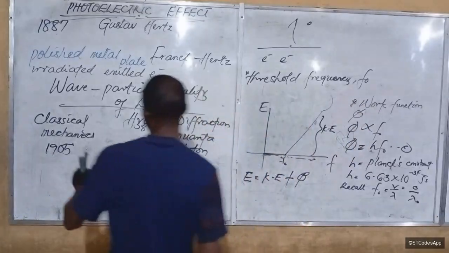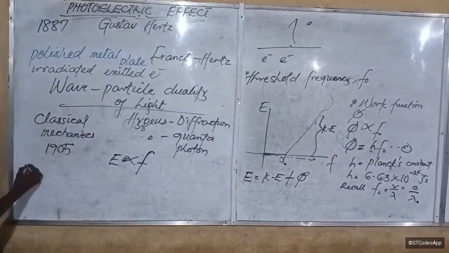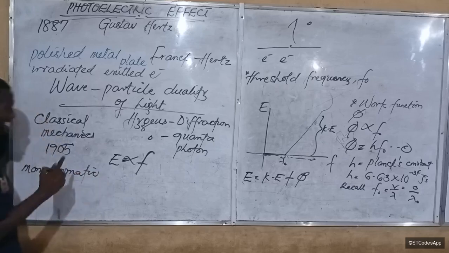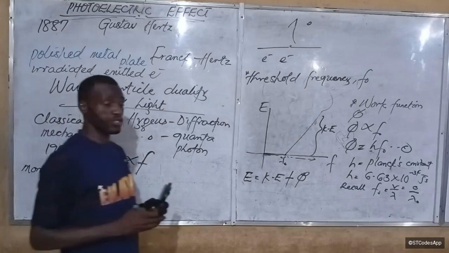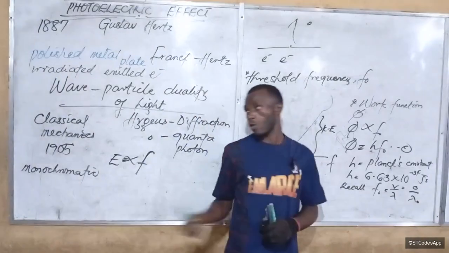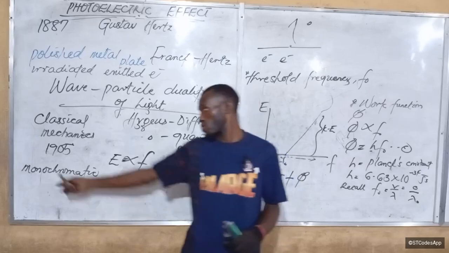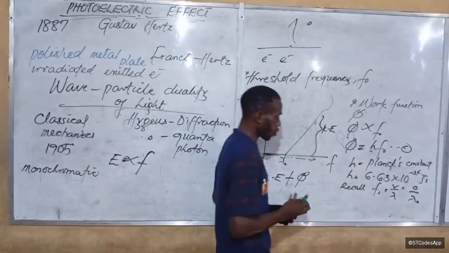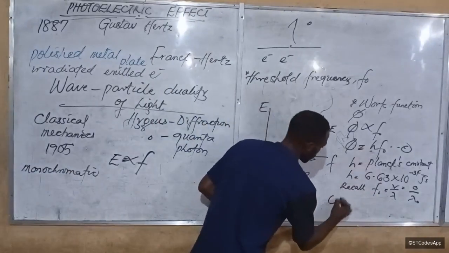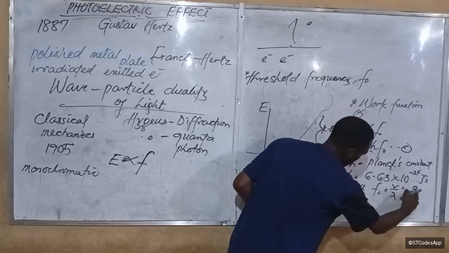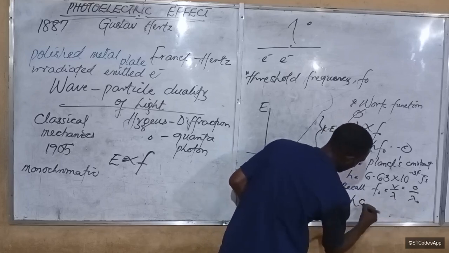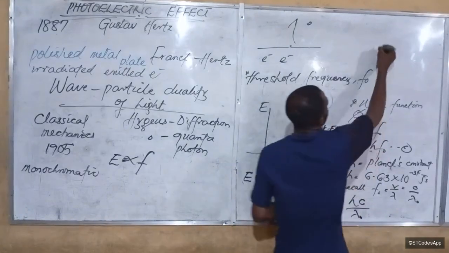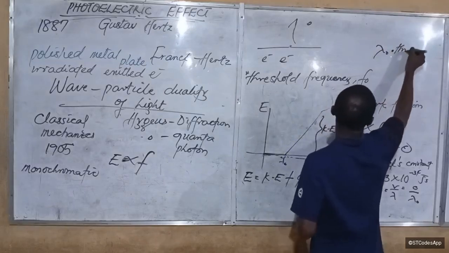That is why it was monochromatic light that Planck found could be used, so that for emission of electrons to actually occur, we use monochromatic light of a specific wavelength. Monochromatic means one color of the color spectrum. So by the time we introduce it into the equation, phi becomes h c over lambda naught, where lambda naught is called the threshold wavelength.